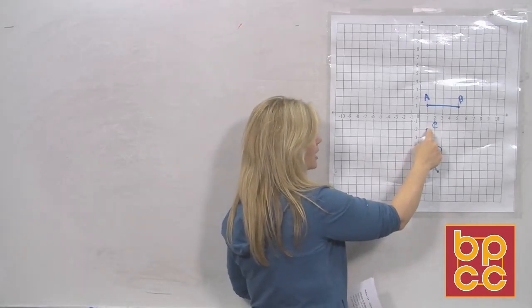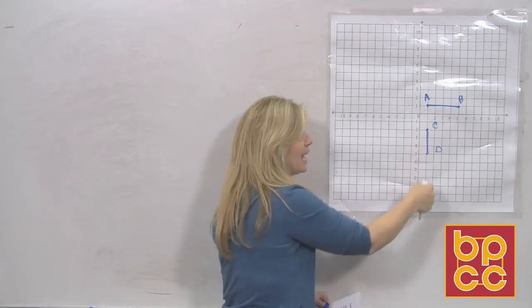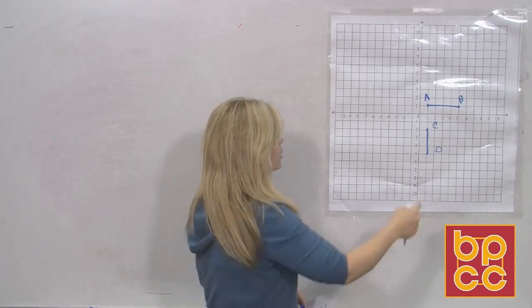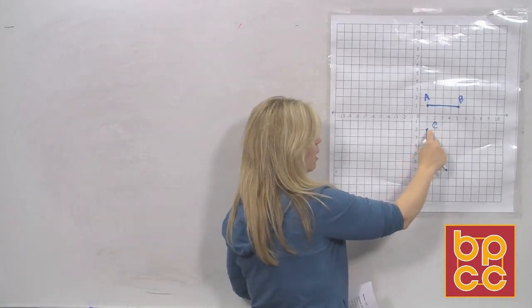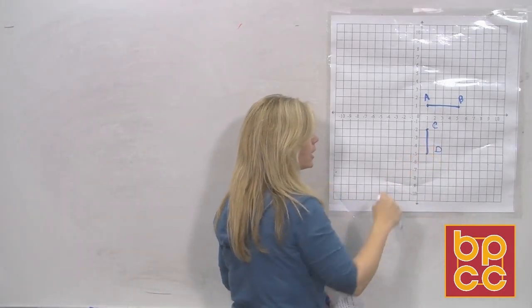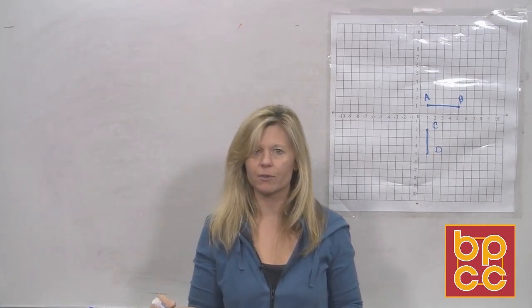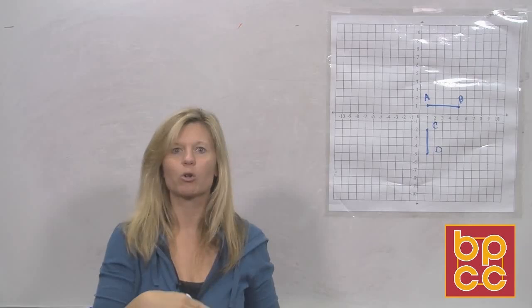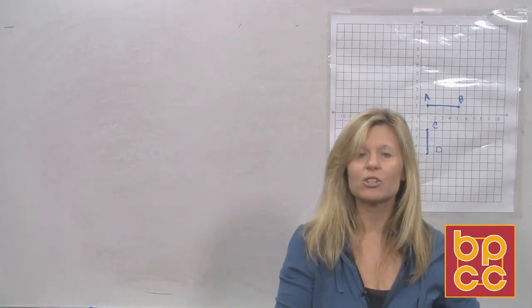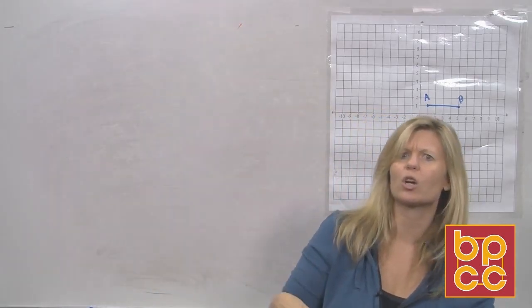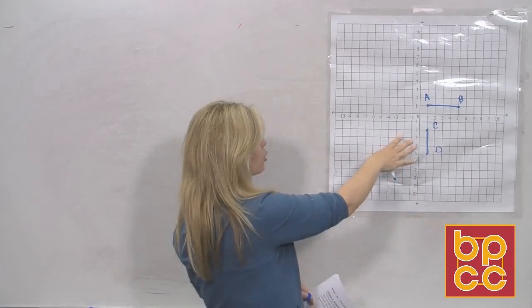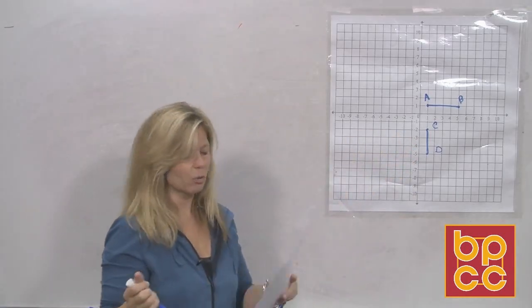If I'm here at negative 2 and I go to negative 5, that should be a distance of 3. So watch my finger. Here I am at C, and I'm going to count. 1, 2, 3. So when you have line segments that are horizontal and vertical, you don't need to work the formula. And I'm going to give that to you as a hint because why do extra work if you don't need it? If you could visually graph it, then why don't you just use the graph?